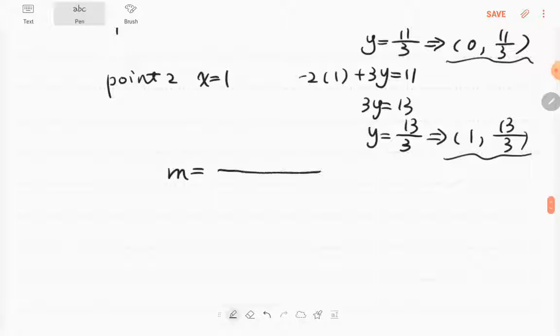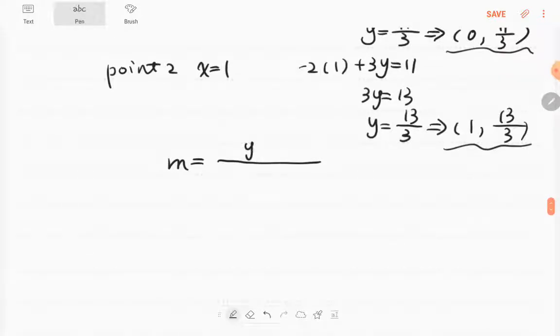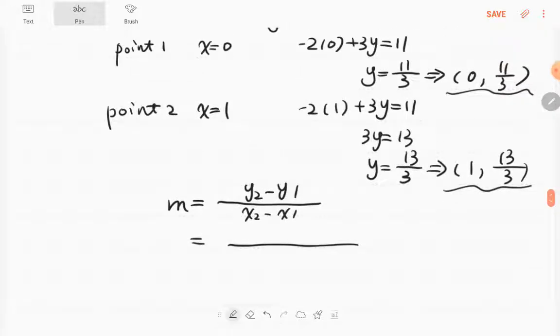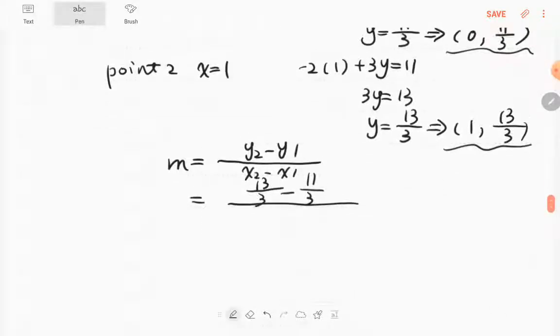Remember, how can we use 2 points? y2 minus y1 divided by x2 minus x1. In this case, this is our second point, right? If you set this one as your second point, you could use 13 over 3 as y2, minus y1, which is 11 over 3.